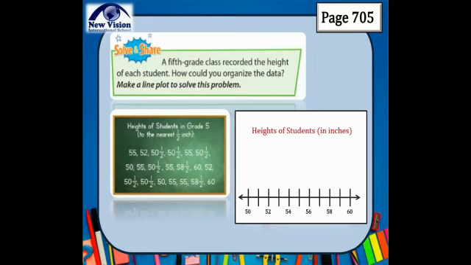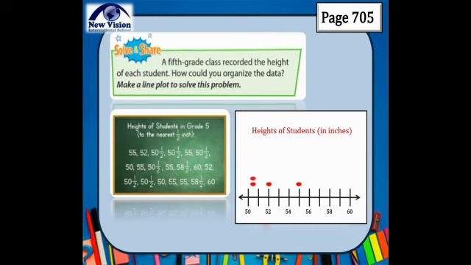Okay, let's start organizing our data. Let's start with 55. So 55 can be found between 54 and 56. Next, we have 52. Next, 50 and a half. So 50 and a half is between 50 and 51.